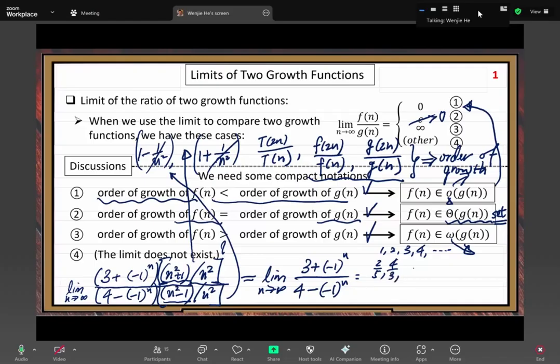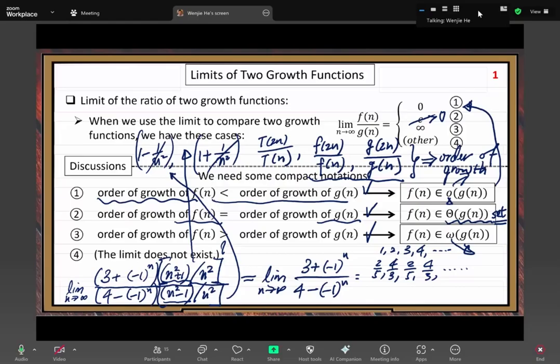Then n equals 3, an odd number, gives 2/5 again. If n is odd, we have 2/5; if n is even, we have 4/3, and so on. These two different constant numbers appear alternately in the sequence.